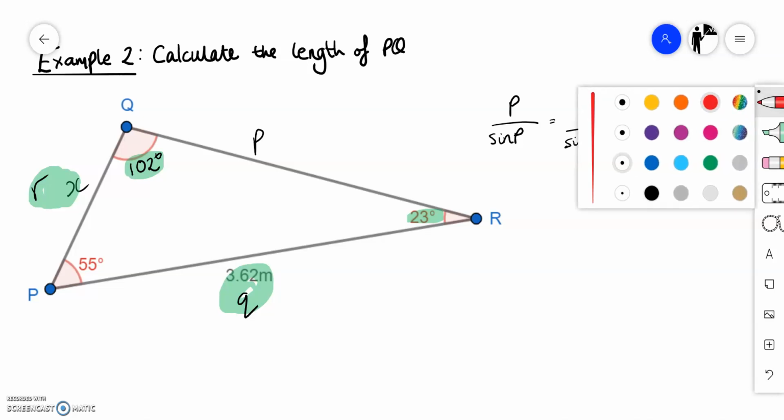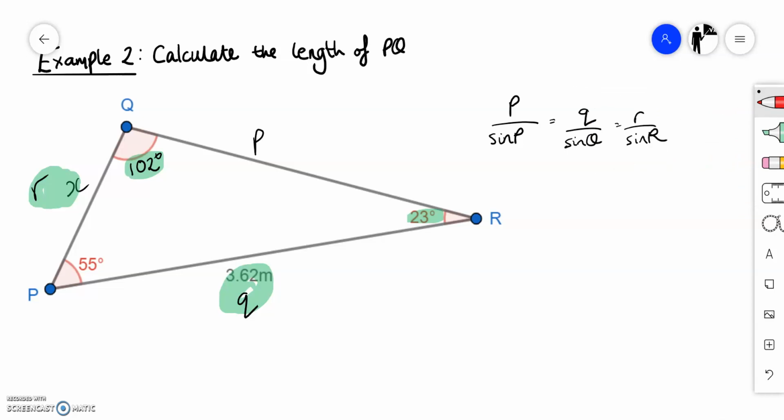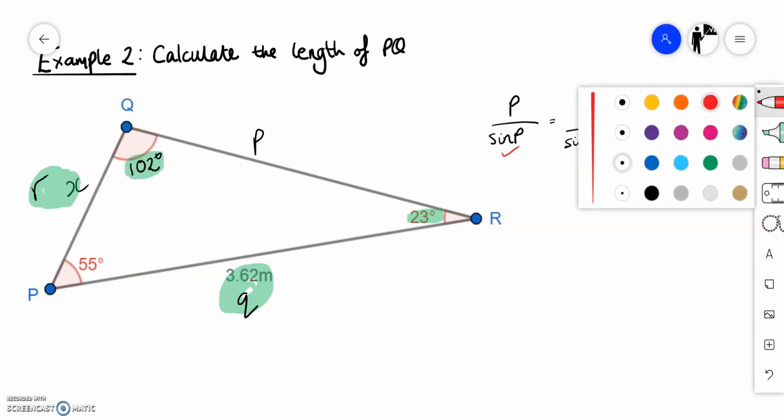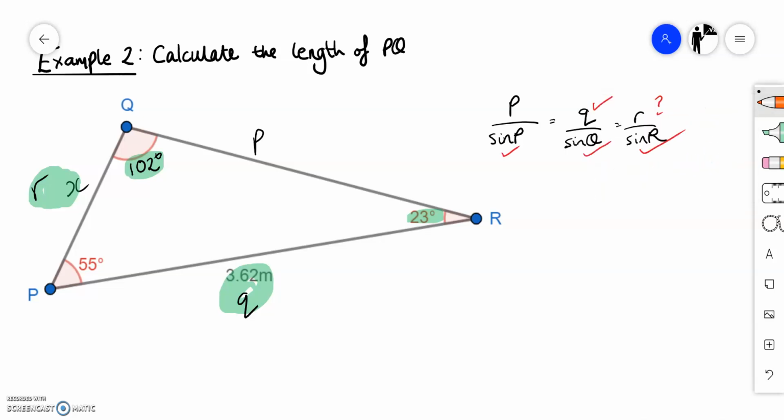Let's tick what we know. We know the length of q. We want to work out the length of r. We know the angles P, Q and R. We will use the fractions that have 2 ticks and a question mark and a tick. Once again, we're going to omit this one. It's not always going to be the first one, it just depends on the situation.